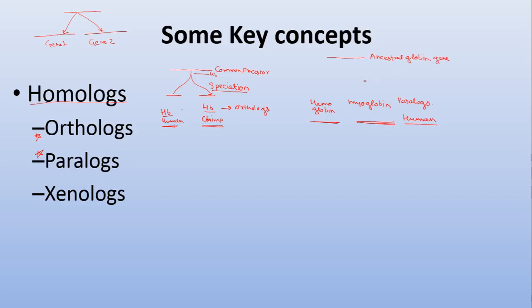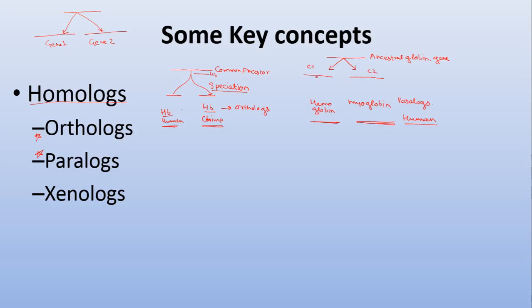Now this ancestral globin gene might have been duplicated in the due course of evolution, and we have two copies of this ancestral globin gene, copy 1 and copy 2.